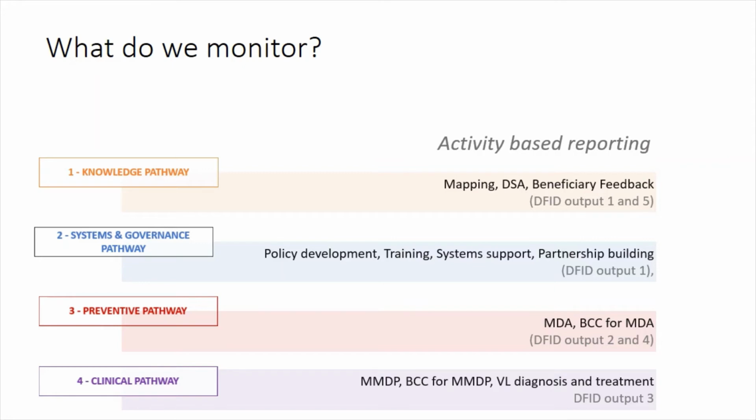For the system and governance pathway, we have activities based on policy development, training of staff at ministry but also district level, system support such as health information system strengthening or strengthening the supply chain, as well as partnership building. So this is working with international and national partners in countries to make an intersectoral approach to NTD control.